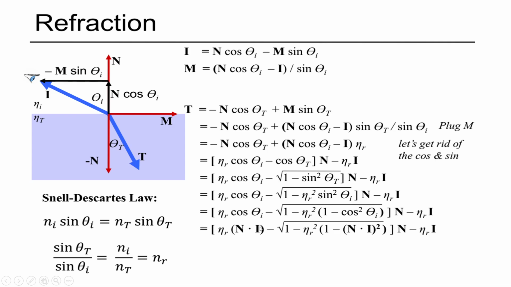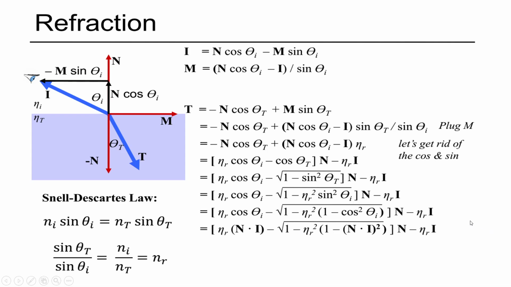N is a vector, I is a vector, and nr is a scalar. The graphics engine or any kind of 3D engine can handle dot products, matrices, and vectors very fast compared to trigonometric functions. So that is why we converted this whole thing into this form.